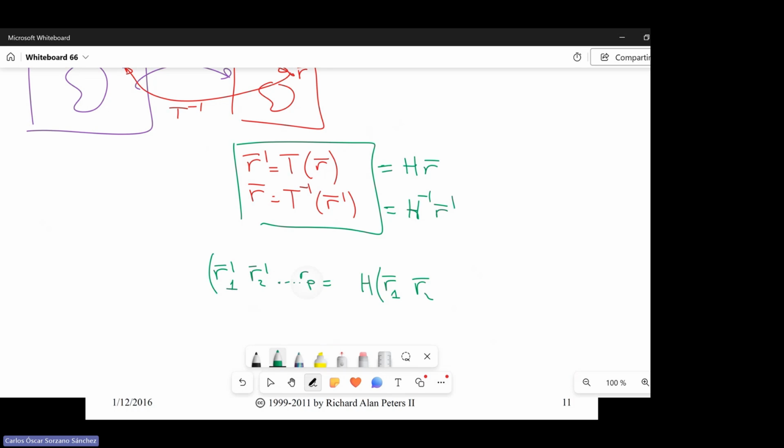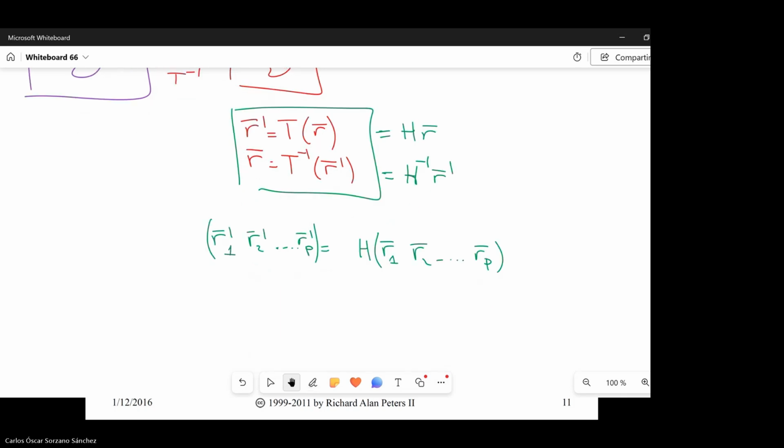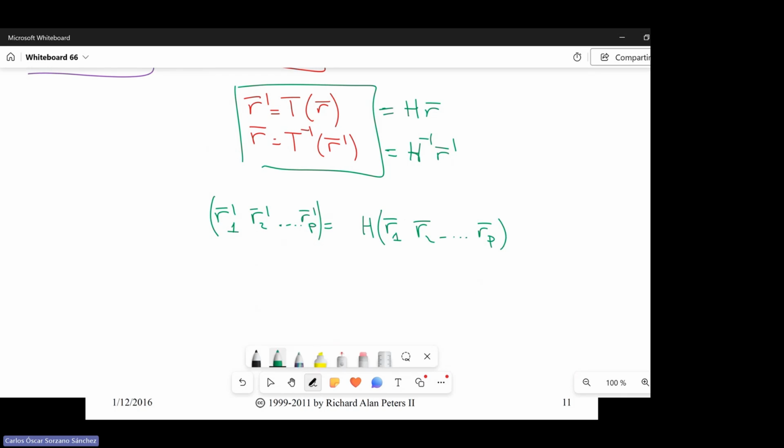All the way to RP prime, that is mapped to RP. Okay, so these are 2D vectors. So the size of this matrix is 2 times P. This is a 2 times 2 matrix, and this is a 2 times P matrix.